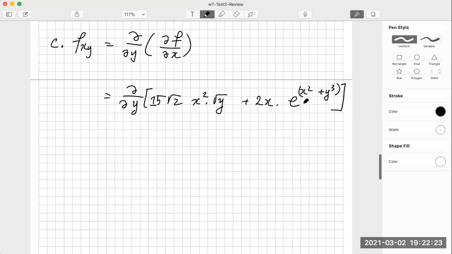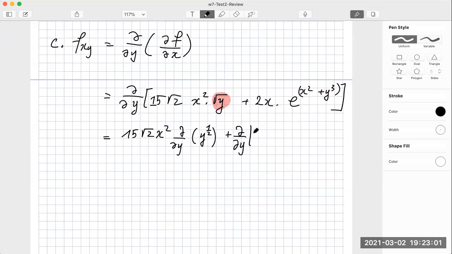Again, the partial derivative of this guy with respect to y, and we treat the others as constants, which means this will be 15 square root of 2 x squared d over dy of y to the 1/2, which is square root of y, plus the partial derivative with respect to y of 2x e to the x squared plus y cubed.